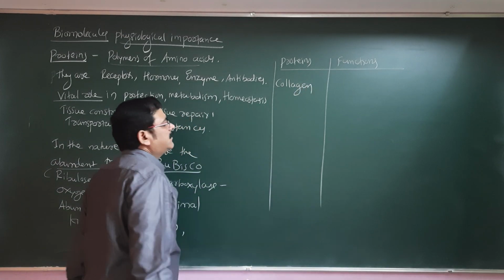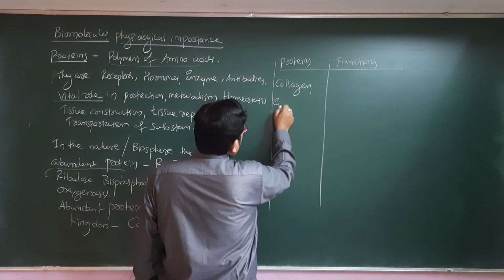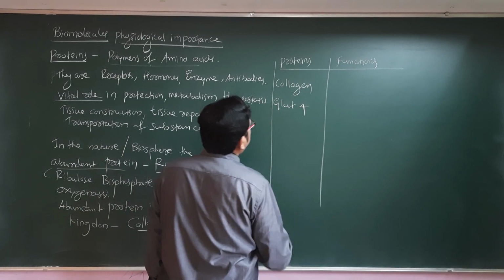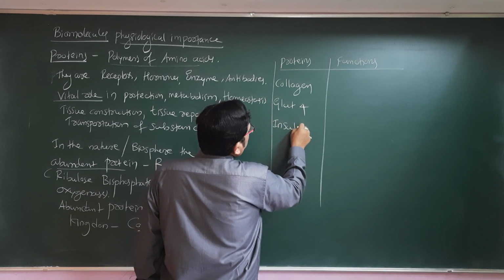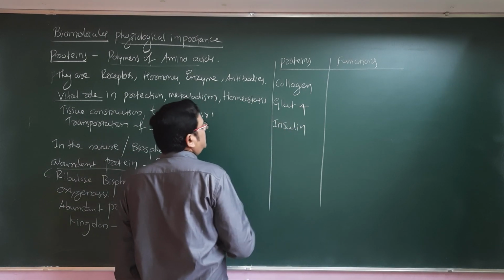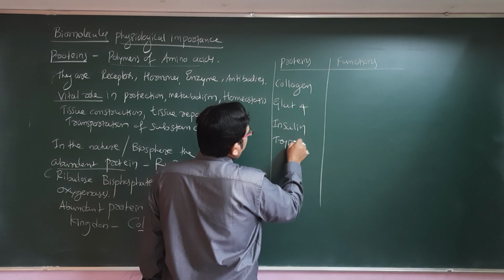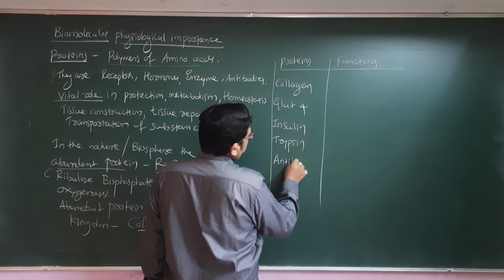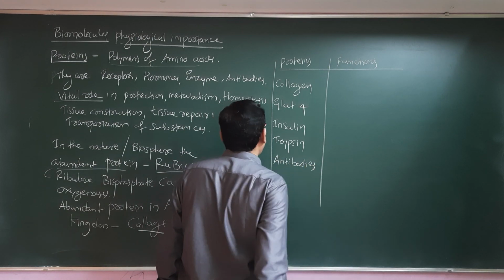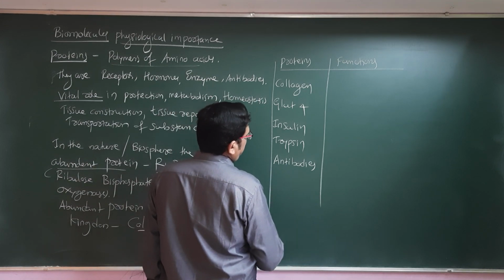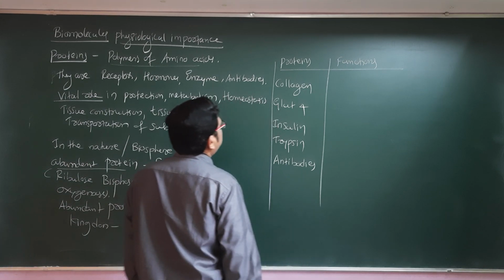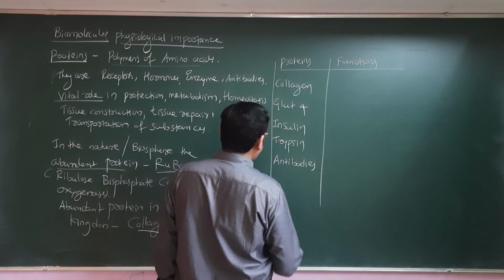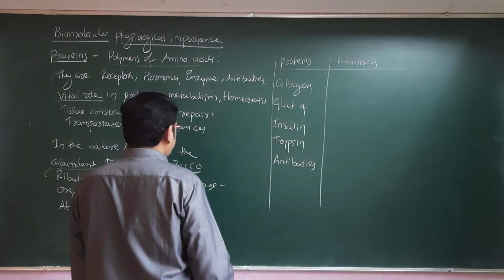So collagen, then there is GLUT4, then there is insulin, then there is trypsin, then there are antibodies. Mainly collagen, GLUT4, insulin, trypsin, as well as one more important protein.